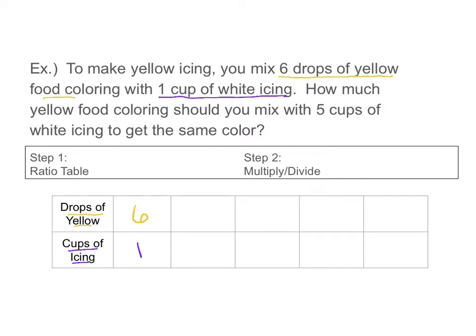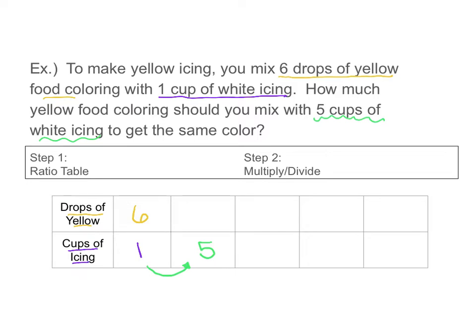Now the final answer that I want to get to is 5 cups. So I want 5 cups of white icing instead of just 1 cup. So I'm going to put my 5 down. Now, I have to decide, how do I get from 1 cup to 5 cups?